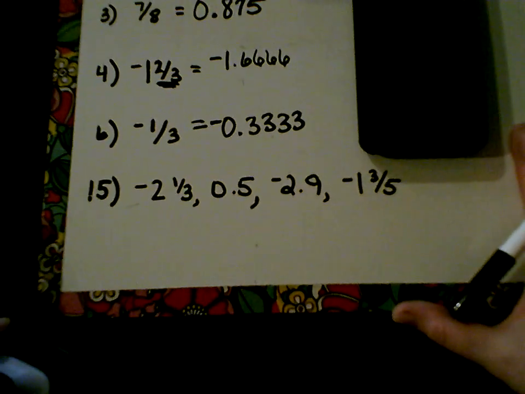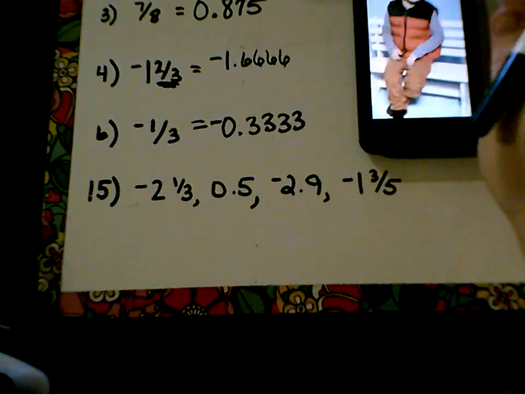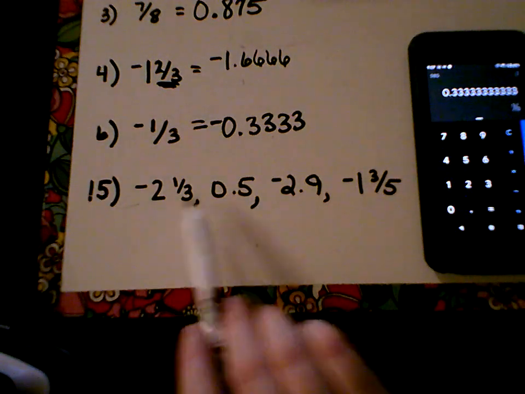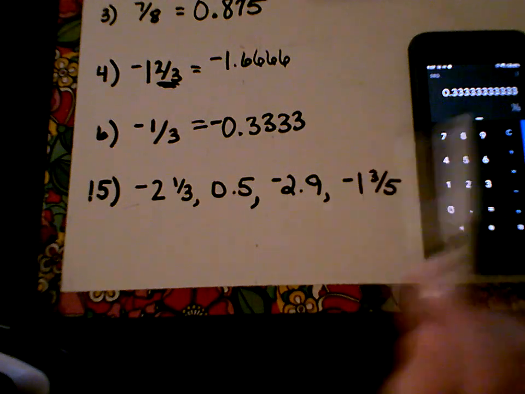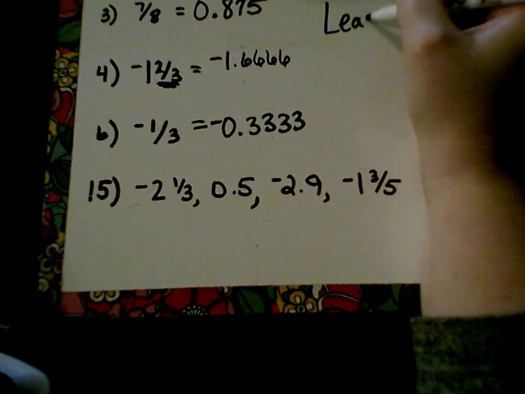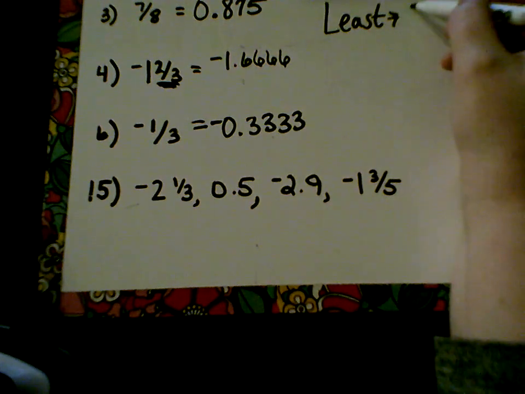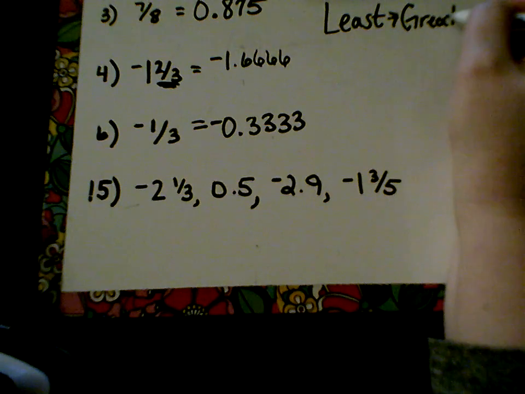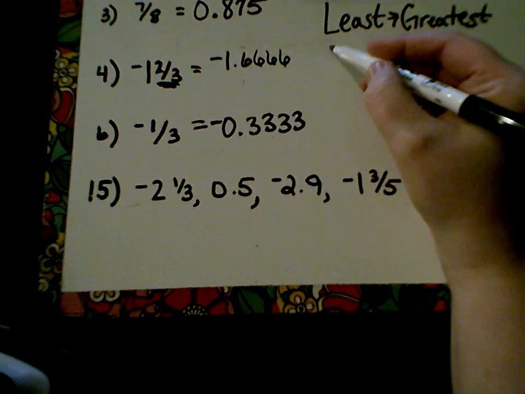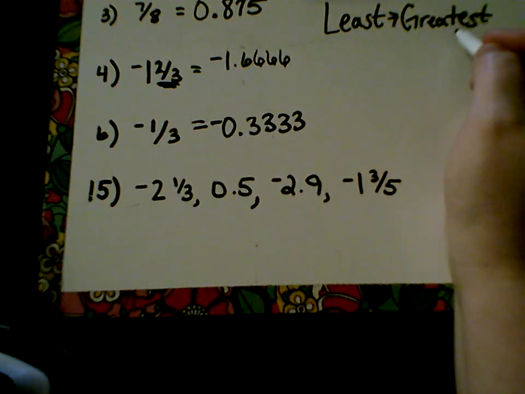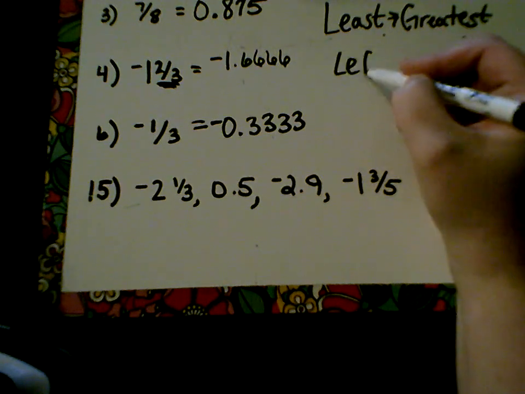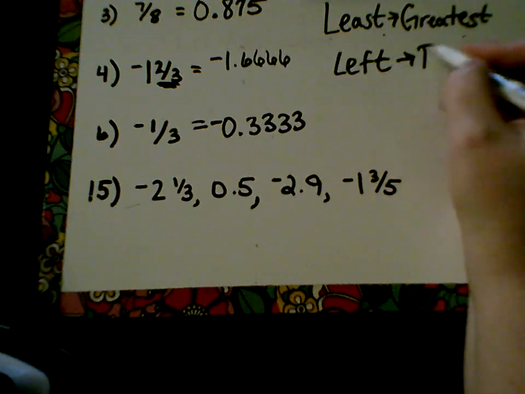All right, so on number 15, the directions for this section say to take these numbers and order them from least to greatest. Okay, so if we are doing something from least to greatest, if we plot them on a number line, in order to write them from least to greatest, we just have to write them from left to right on the number line.